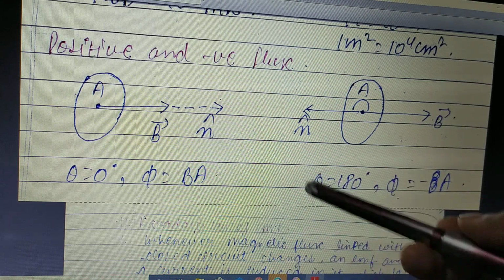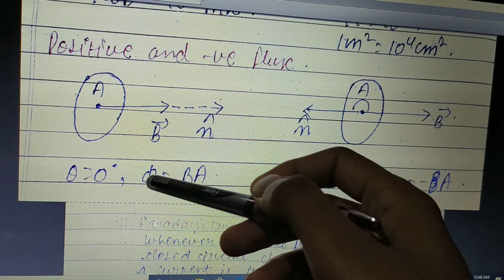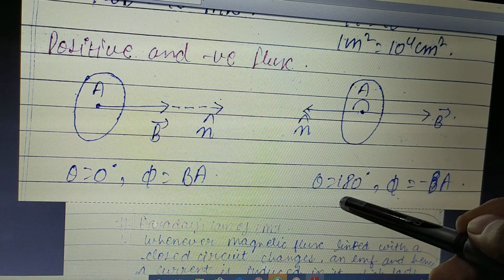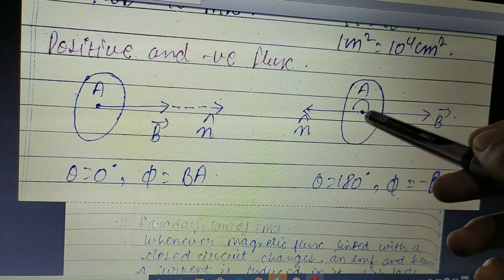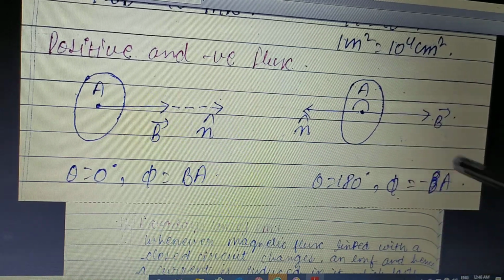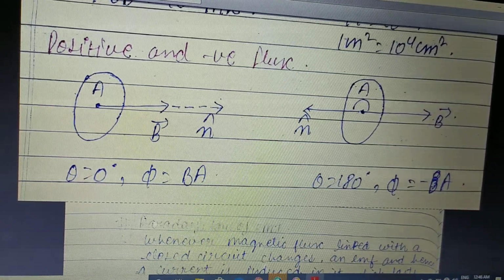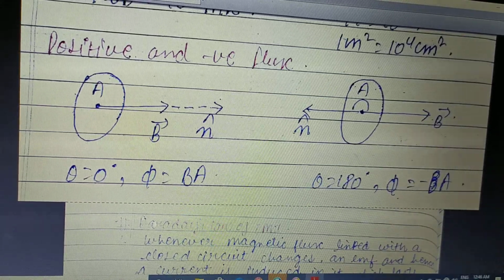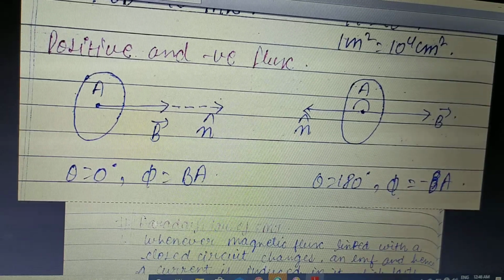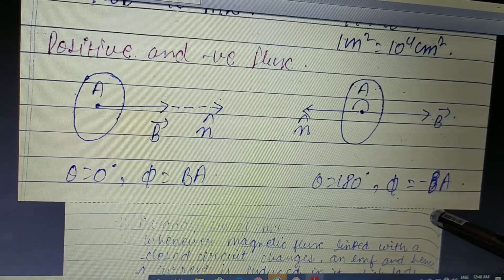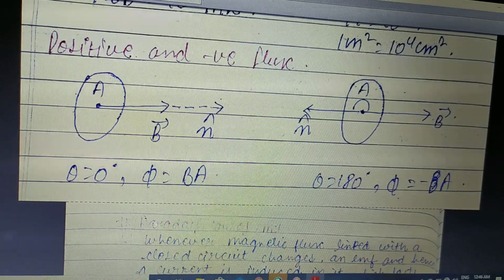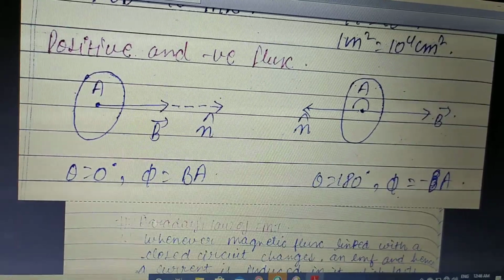Cos 0 is 1, so the magnetic flux becomes a positive value, which is B into A. But when the angle between the normal and the magnetic field is 180 degree, that means they are anti-parallel to each other. So cos 180 degree is equal to minus 1, and magnetic flux has a negative value, phi equals minus B into A.